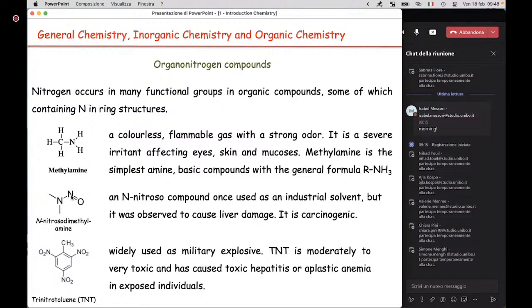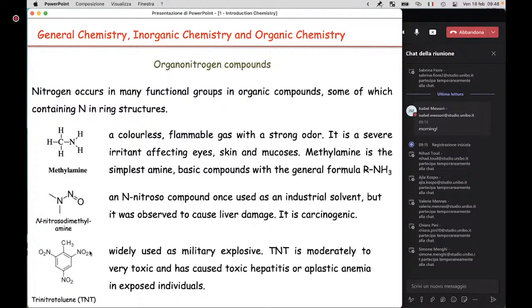But we can have also different compounds, for example, this is a compound containing two nitrogen atoms connected between them, and also oxygen. This is called an N-nitroso compound. This is the nitroso group. This is also carcinogen.